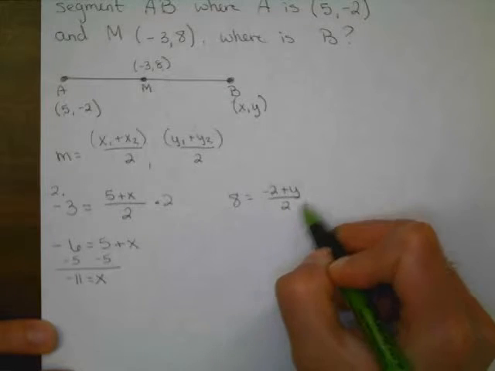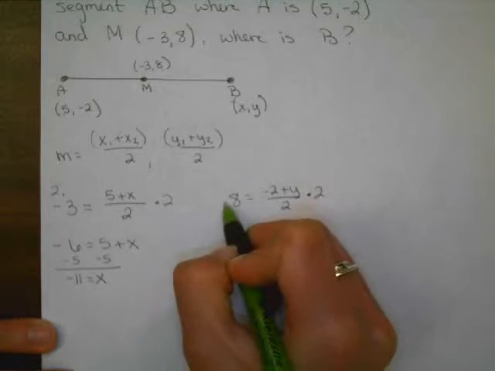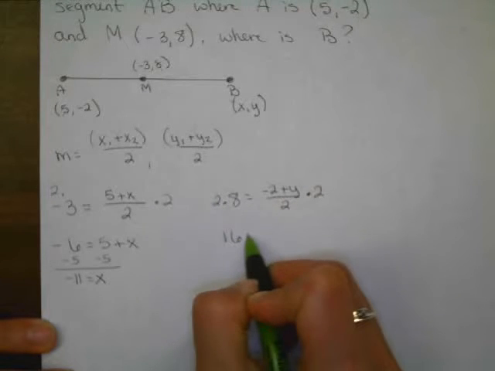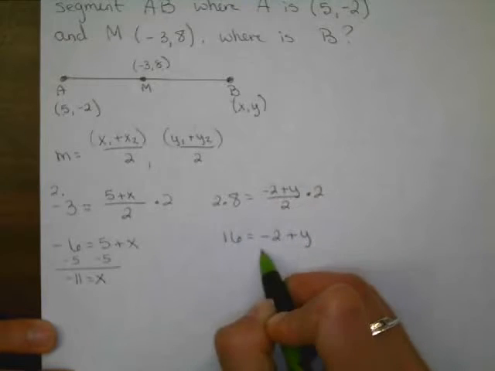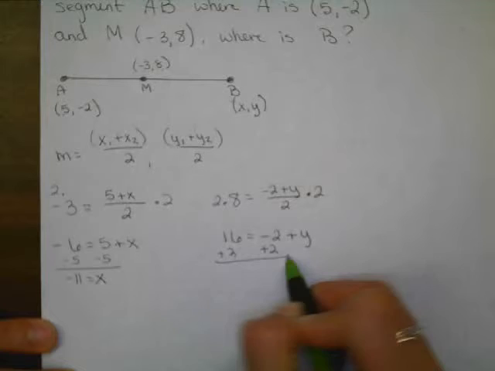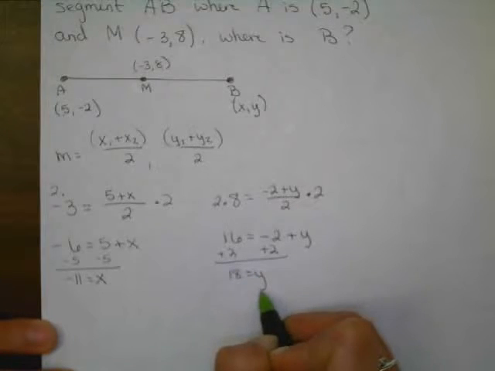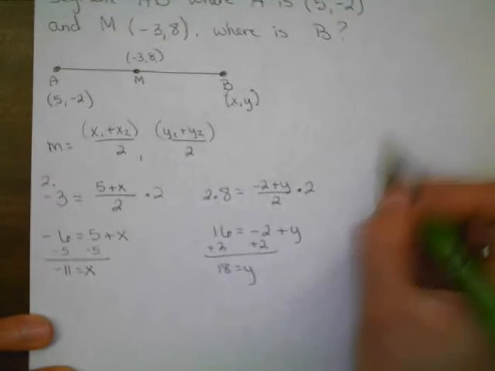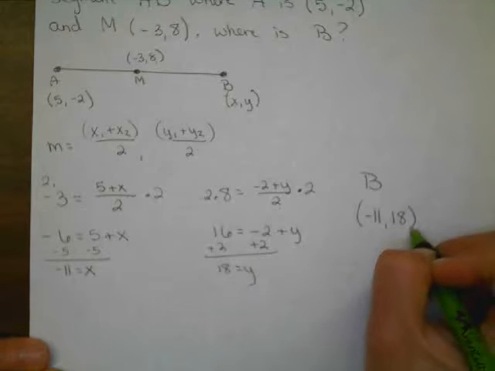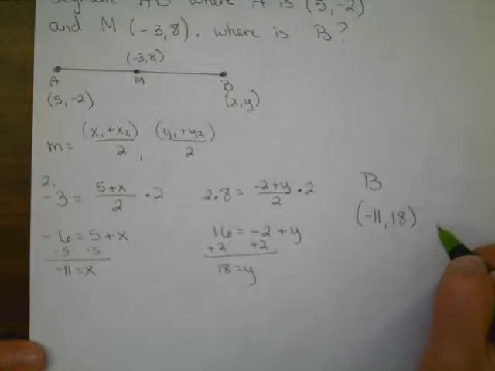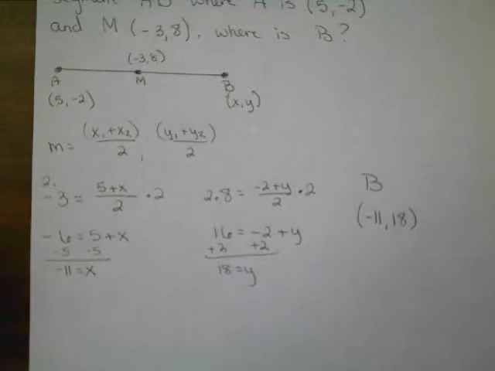I have -2 plus y divided by 2, so I'm going to multiply both sides by 2. 16 equals -2 plus y. To get y by itself, I add 2 to both sides. So 18 equals y. So the point of B is located at (-11, 18). Because remember, this is a point. That's why you need to have the parentheses, because it's an ordered pair.